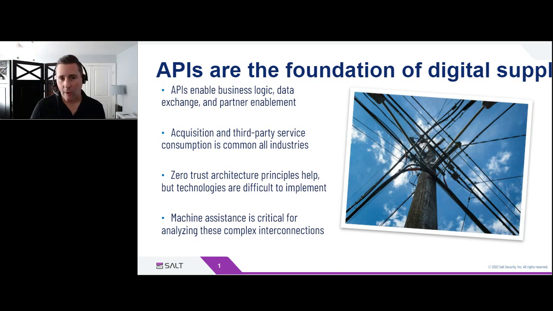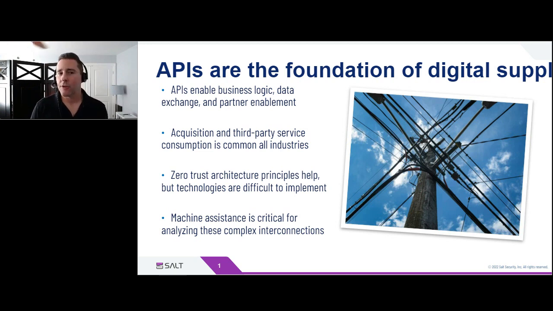You can't satisfy all aspects of the business. You're going to be working with other partners and suppliers. That could be acquisition, like something like SolarWinds software, but it could also be integrating your APIs with their APIs in order to provide functionality or exchange data sets. Very common. Most organizations do not do everything themselves.